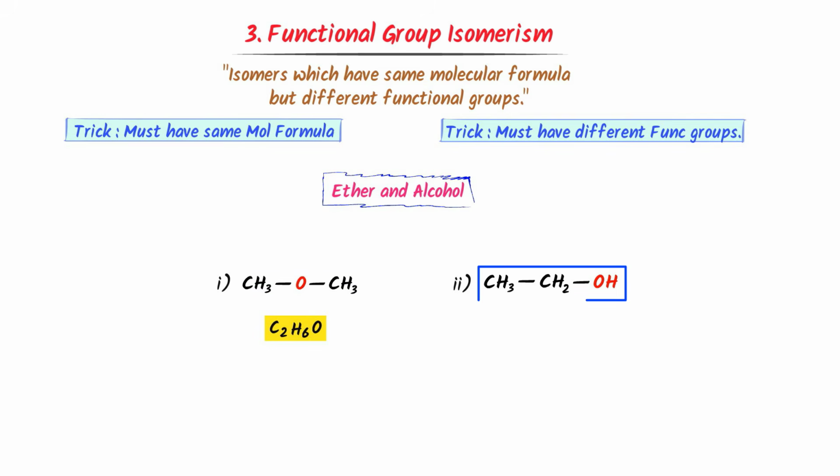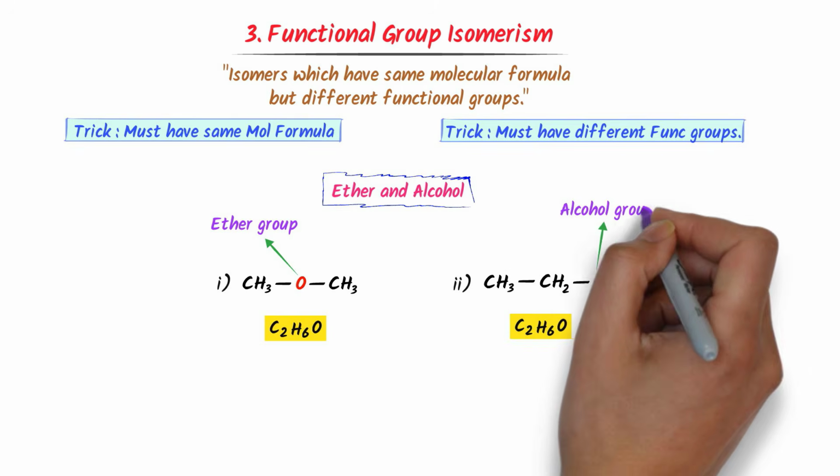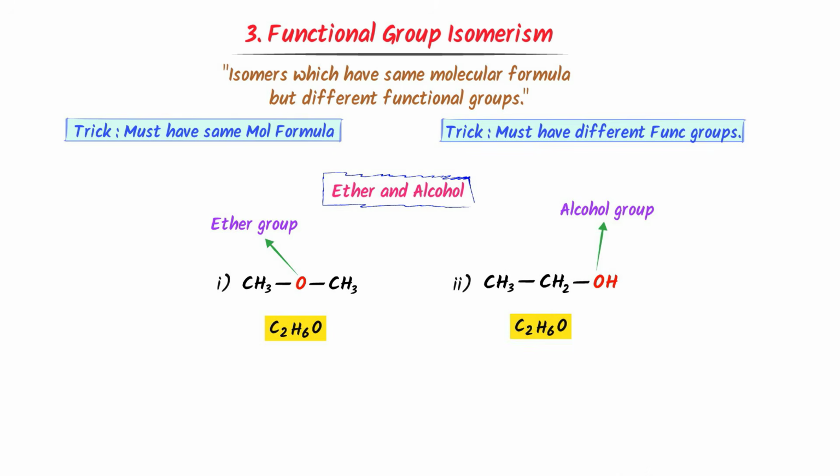While in this alcohol compound, there are also 2 carbon atoms, 6 hydrogen atoms and 1 oxygen atom. Secondly, the functional group of ether is O and that of alcohol is OH. They both have different functional groups. Thus, this ether and this alcohol are functional group isomers of each other.